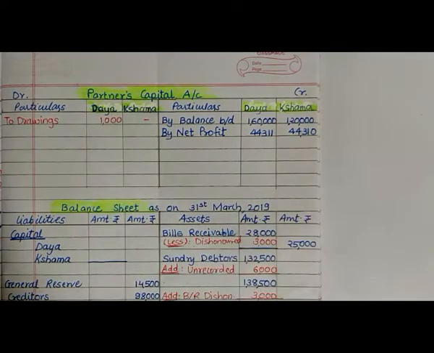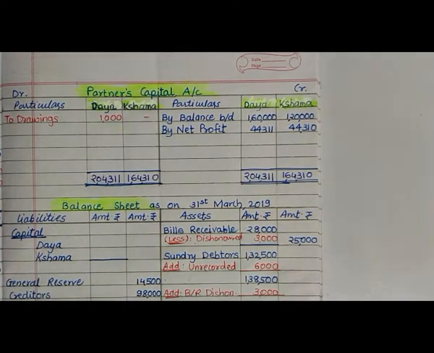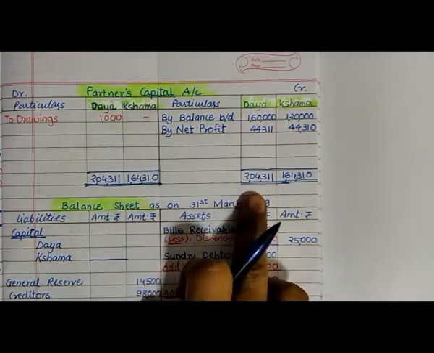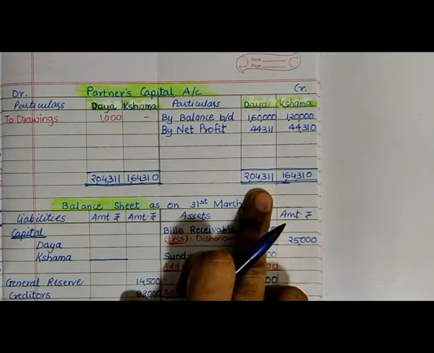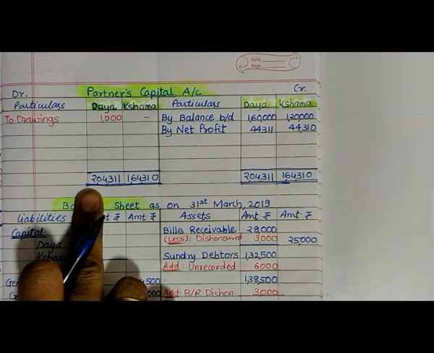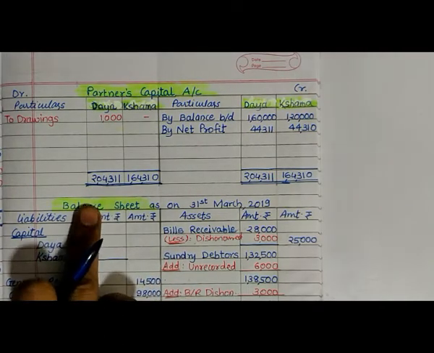Then we will close partner's capital account. The total of credit side of Daya is 2,04,311 that we need to record to debit side, 2,04,311. From this, we will deduct drawing rupees 1,000.